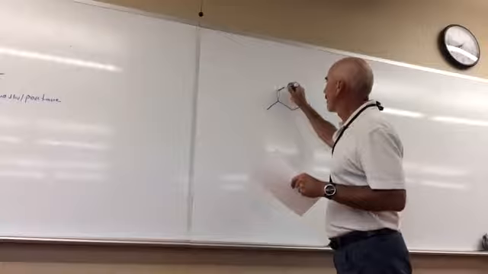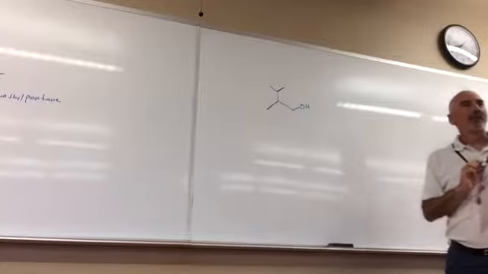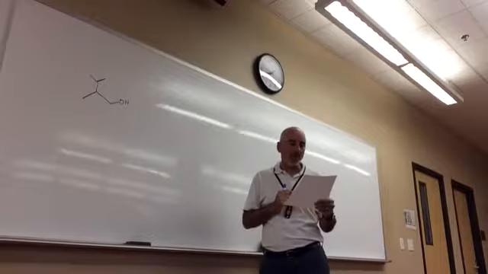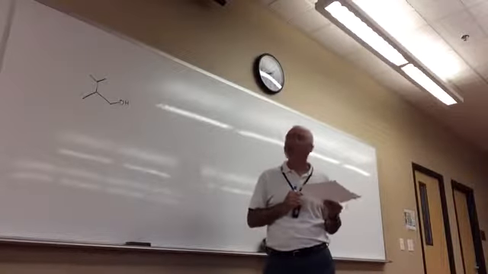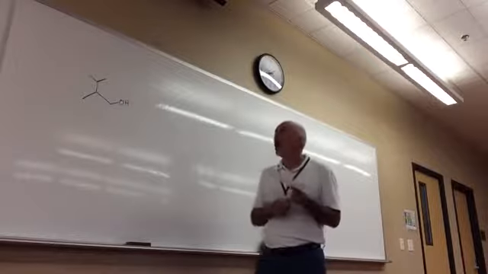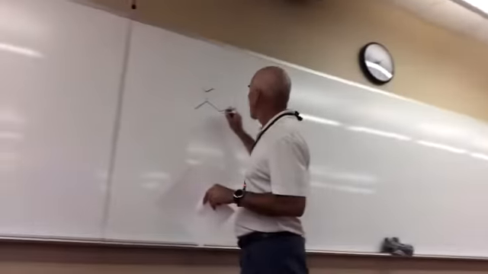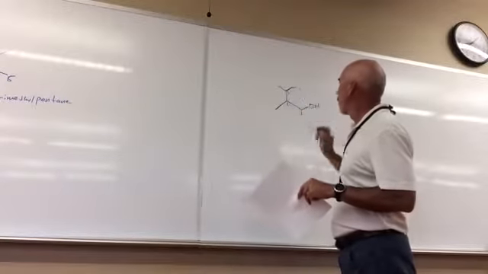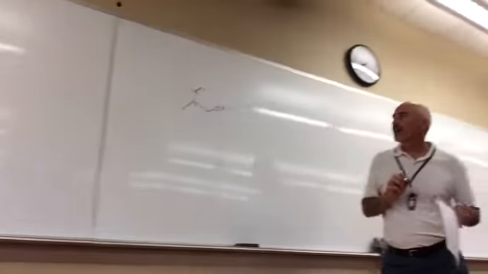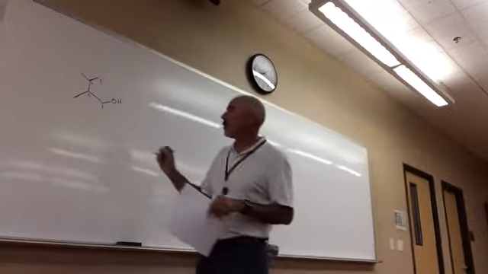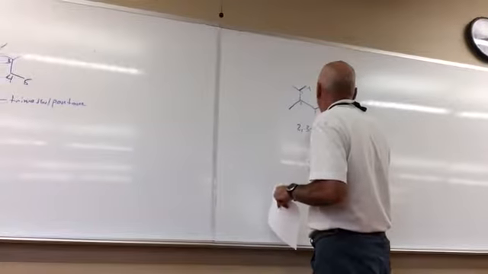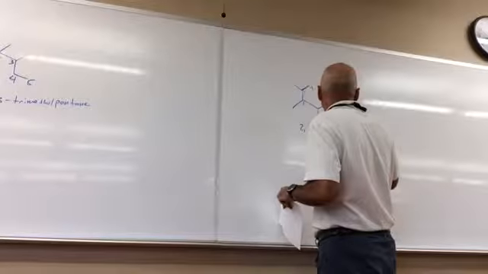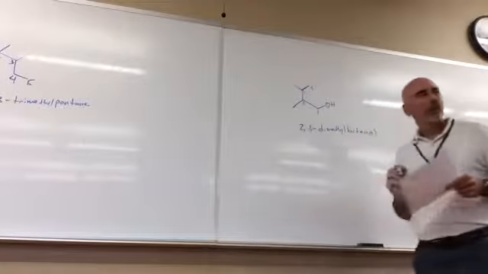Okay, so what's wrong with 2-isopropyl-1-propanol, if I name it that way? A longer chain, right? So if I number this one, you always number this one the highest priority. 1, 2, 3, 4. So then we get 2,3-dimethylbutanol.